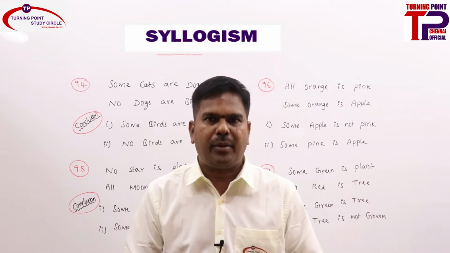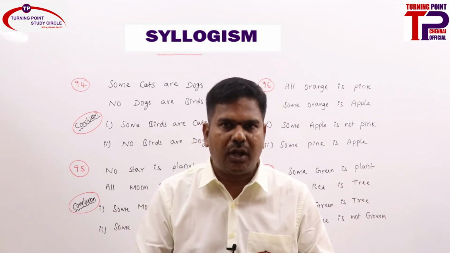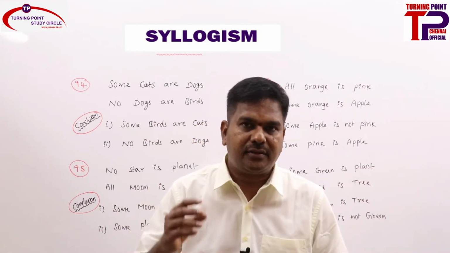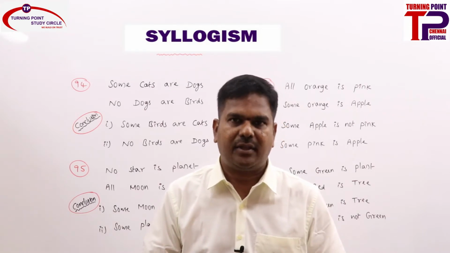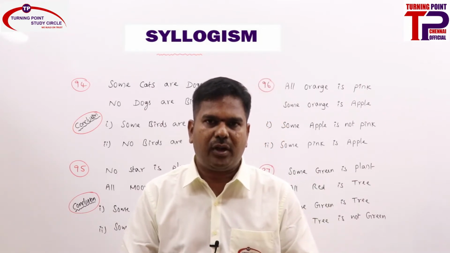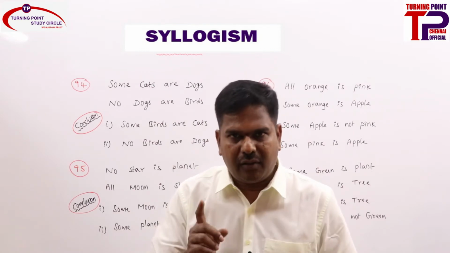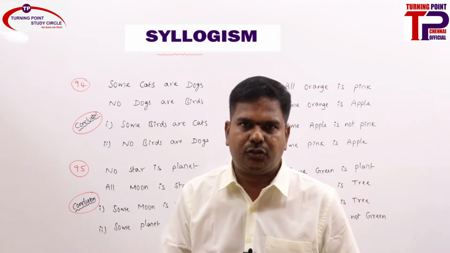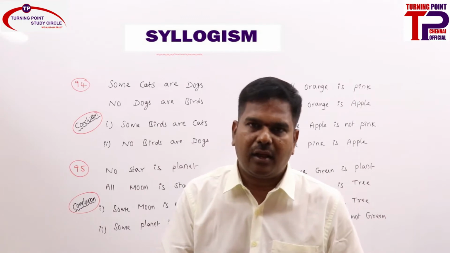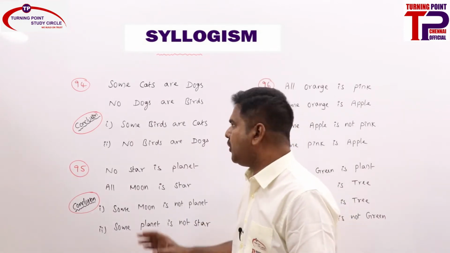While checking for a complementary pair, the conclusion should not be true based on the 6 rules or immediate inferences. A complementary pair should be checked only when the conclusions are not true. Even if any one of the conclusions is true, that should not be considered under a complementary pair. These things you need to note down.